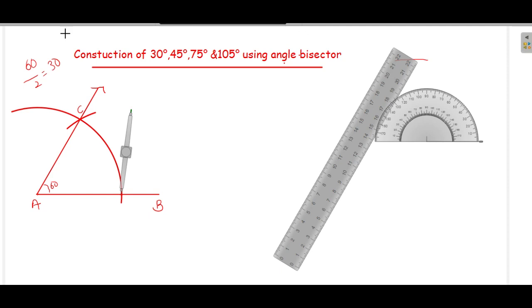Let us do it with green color. So, as you can see here, we will draw an arc in between these two. Now, do not change the radius of the compass, place the metal pointer at C and draw another arc intersecting this previous arc.